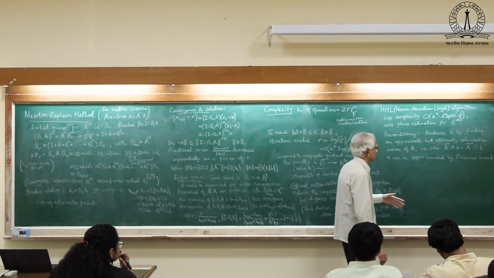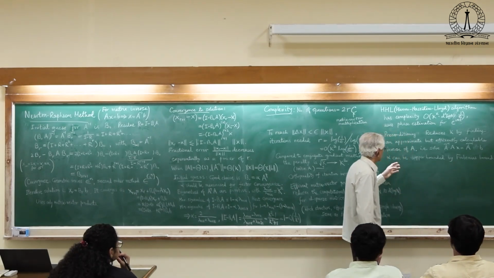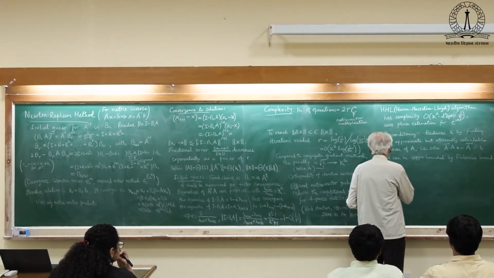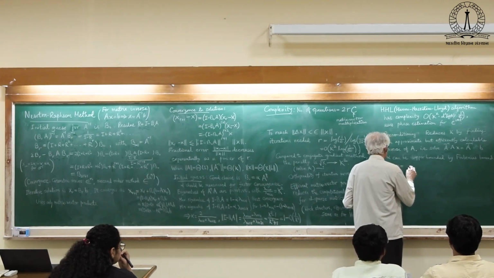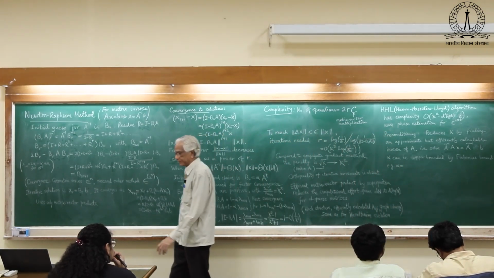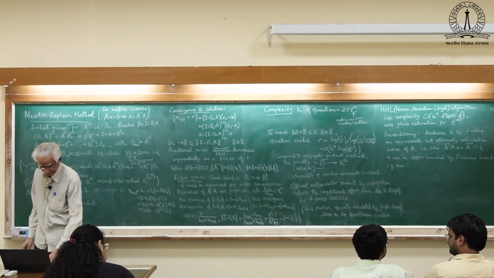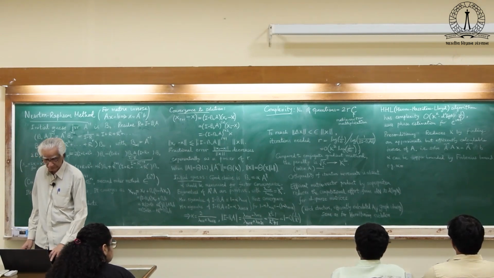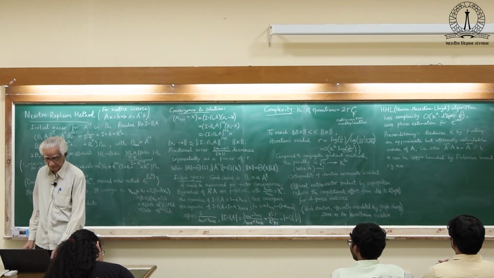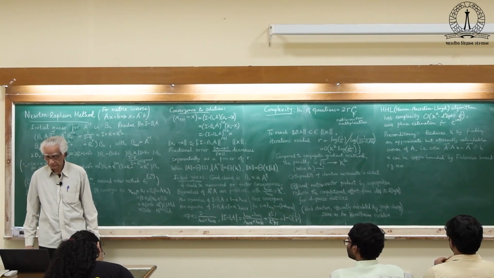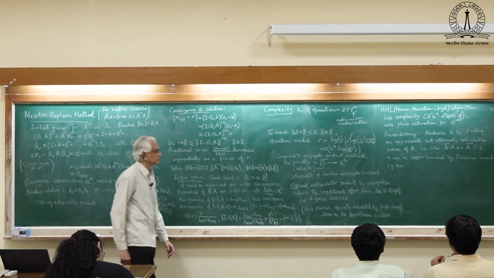And there are well-known techniques in linear algebra for finding bounds on the eigenvalues. So there are two expressions which are based on the Frobenius techniques. I will just write them down.